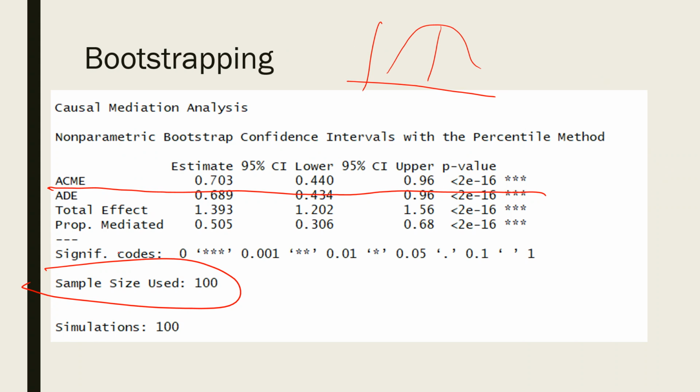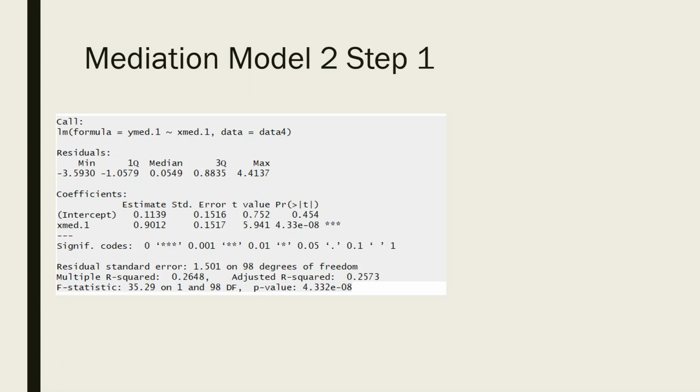So in order to have a high power tool, we use bootstrapping. So here we can see that the indirect effect is significant, and so is our direct effect, which is another case for partial mediation.